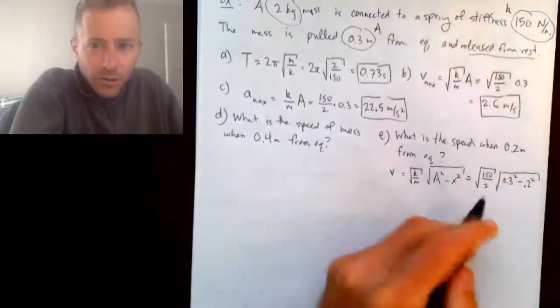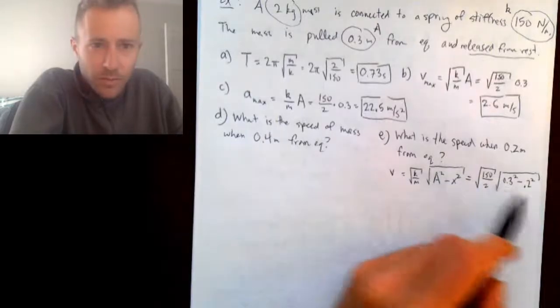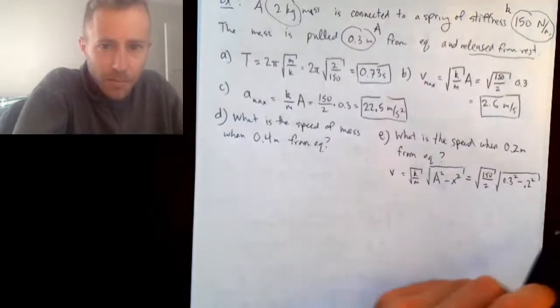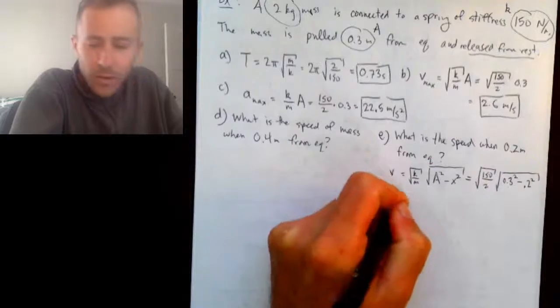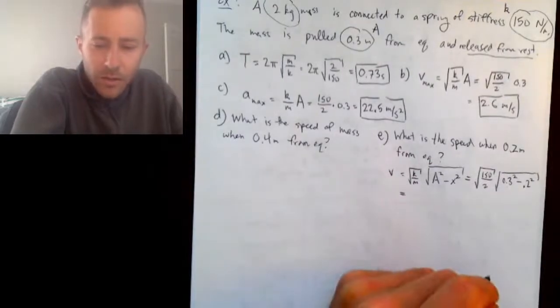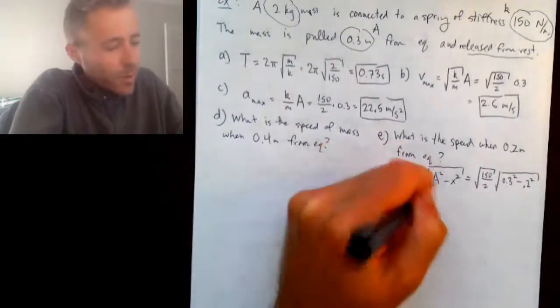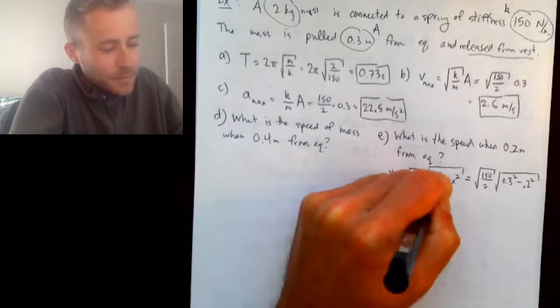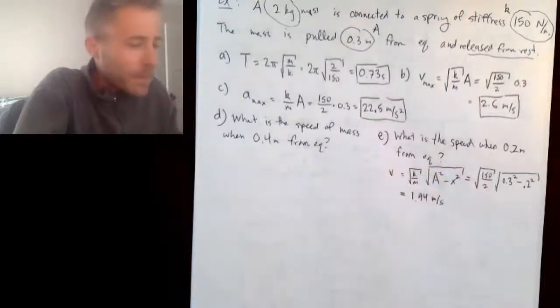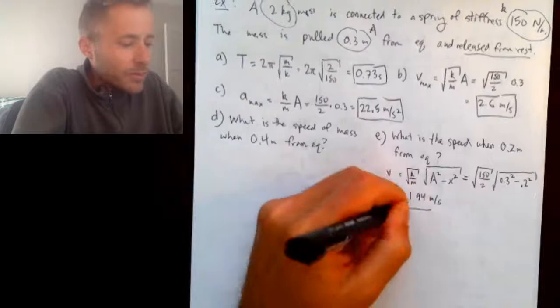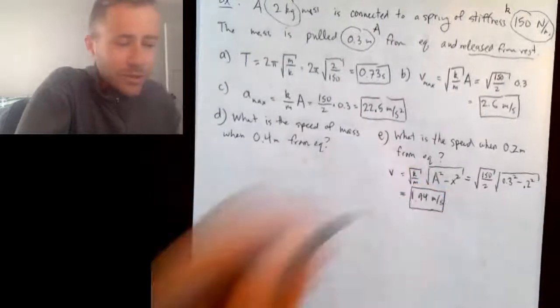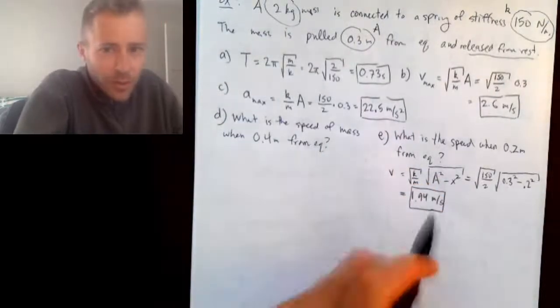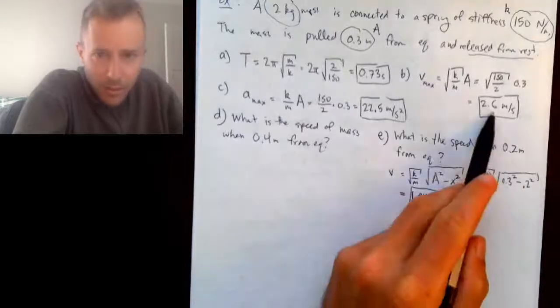Remember, you're squaring each of these individually and then subtracting them, okay? So when you work that out in your calculator, you get 1.94 meters per second. Now this is good. There's a little sanity check, which is this speed had better be less than the maximum speed.